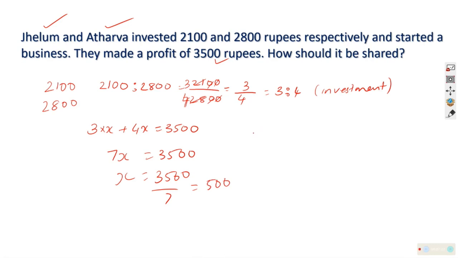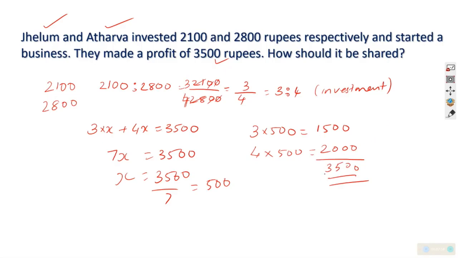That means you will have 3,500 divided in this proportion. This is the technique of dividing in proportion. That means 3 into 500, which is equal to 1,500 rupees, will be given to Jhelum as its profit, and the other one is 4 into 500, which is equal to 2,000, will be given to Atharva.